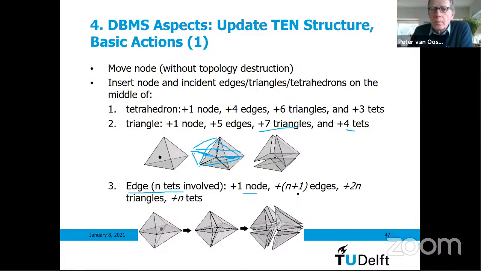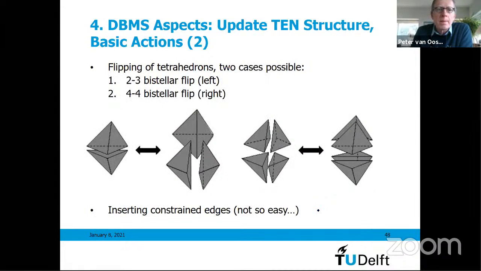And we get n plus 1 new edges, 2n new triangles, and n new tetrahedra. Here is a bit of an exploded view. And so this is an insertion of a node that keeps the structure consistent.